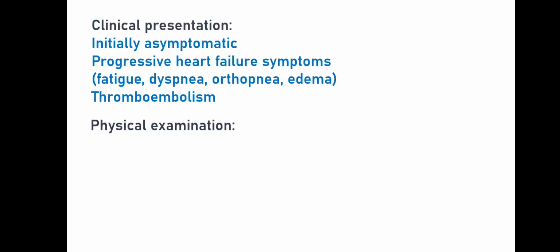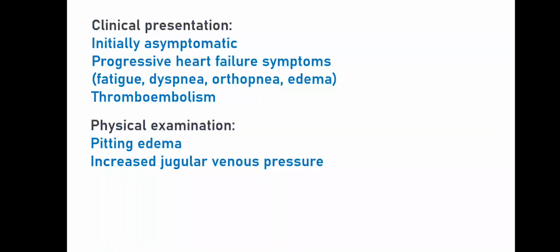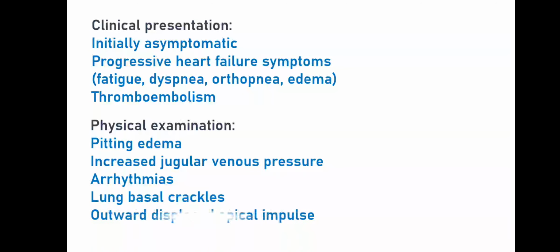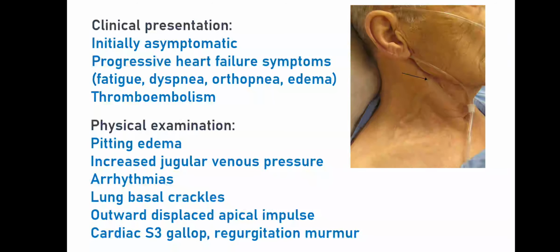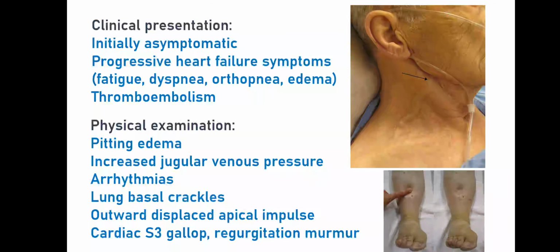Regarding physical examination: pitting edema, increased jugular venous pressure, arrhythmia, lung crackles, outward displaced apical impulse, cardiac S3 gallop, and regurgitation murmur. In this picture, we see the prominent jugular vein over the neck, and here we see the pitting edema over the legs. Now let's come to the causes.